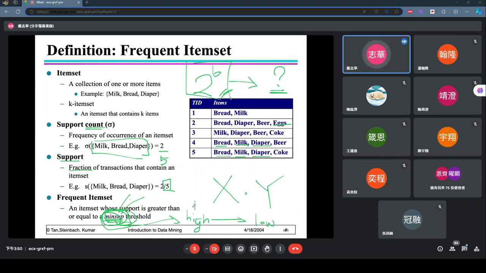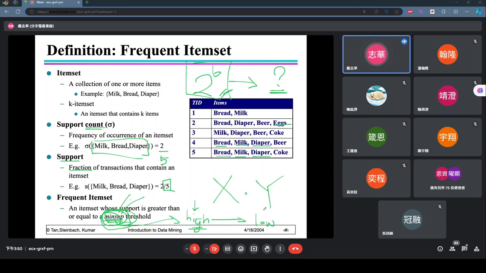Begin from a higher value, and then according to your observation, you could gradually reduce the threshold. But if you give a high value and it still finds a lot of itemsets, it means that maybe it's not high enough.